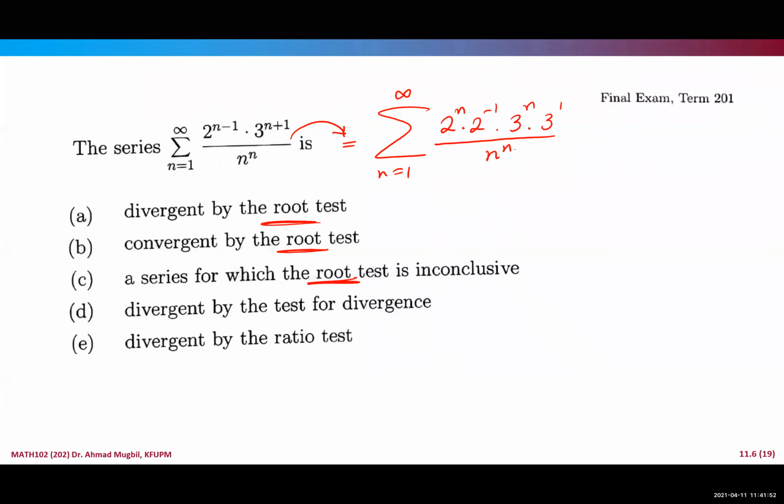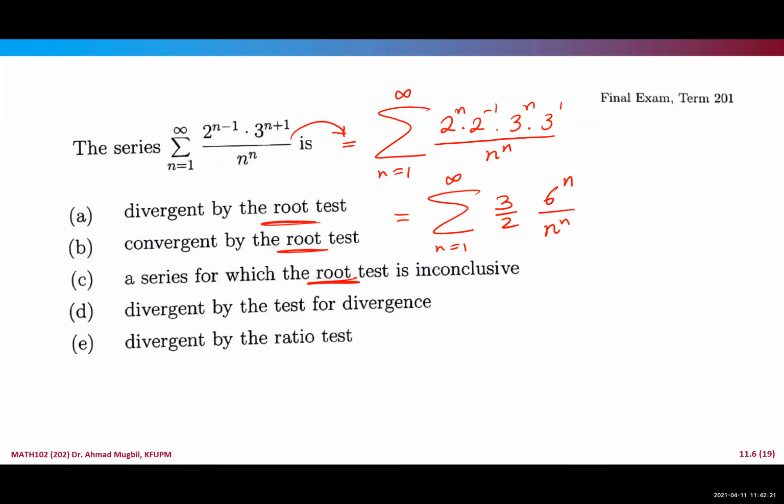It is good to practice. Now you have 2 to the power -1 and 3 to the power 1, so this is 3 over 2, get it out. Here 2 to the power n times 3 to the power n is 6 to the power n, over n to the power n.